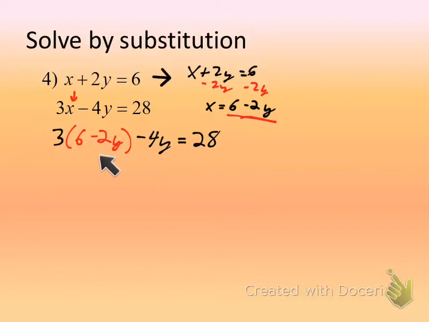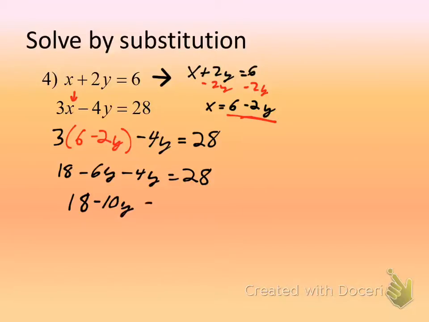So distribute the 3. So 18 minus 6y minus 4y equals 28. Gives you 18 minus 10y equals 28.